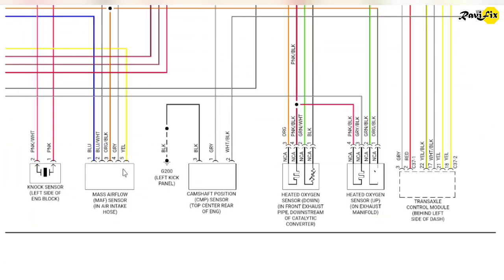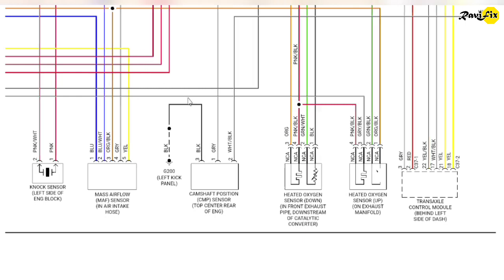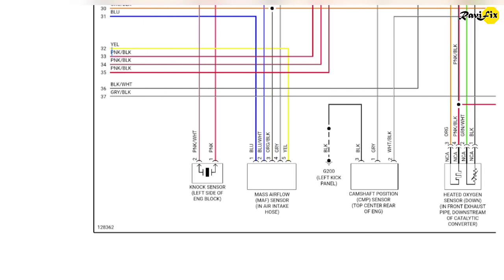So number 4, the gray wire, is the 12 volt feed for the mass airflow sensor and intake air temperature sensor. And number 5 is the yellow wire. That wire also goes to the engine control module; it is the 5 volt reference wire. Okay, now we know the wiring arrangement of the mass airflow sensor.